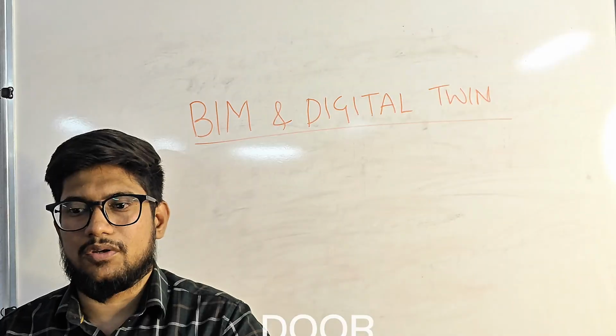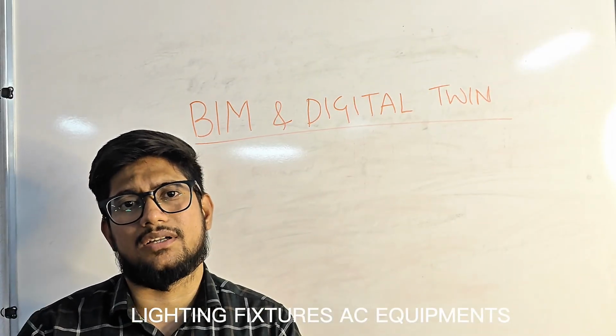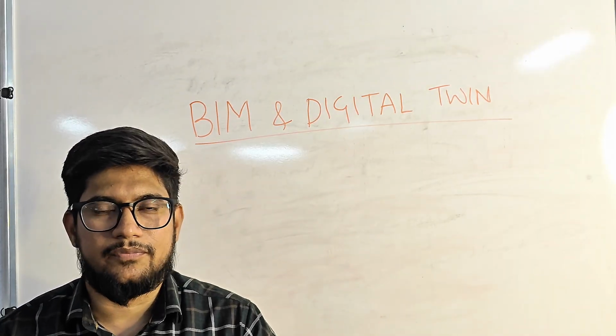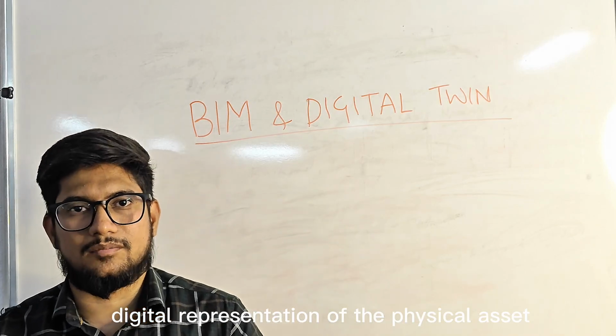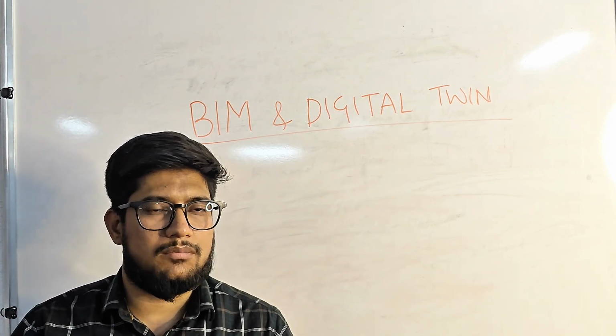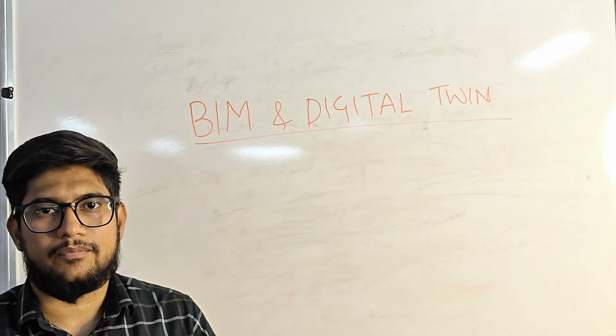We will be having a door, furniture, chair, any lighting fixtures, AC equipments, right? Many things. Similar kinds of objects will be there in your BIM model. So we are creating one digital representation of the physical asset, okay, and all the information required, like for maintenance, warranty, guarantee, everything we are adding into the BIM model.